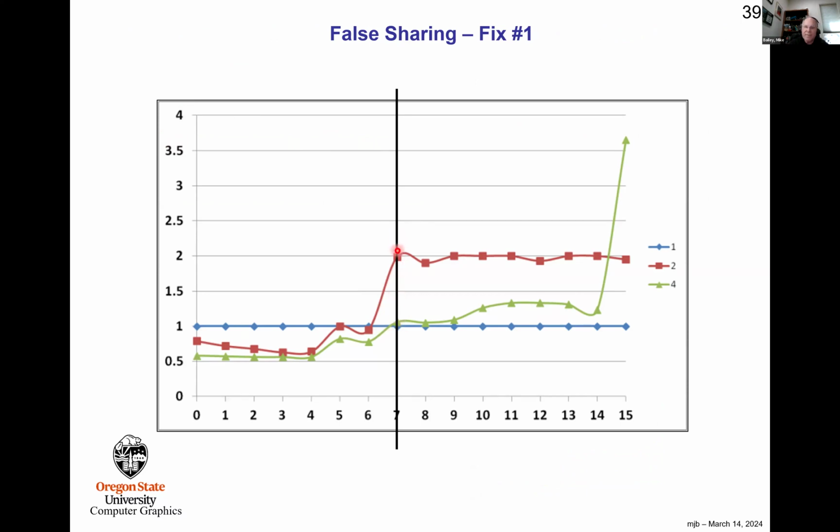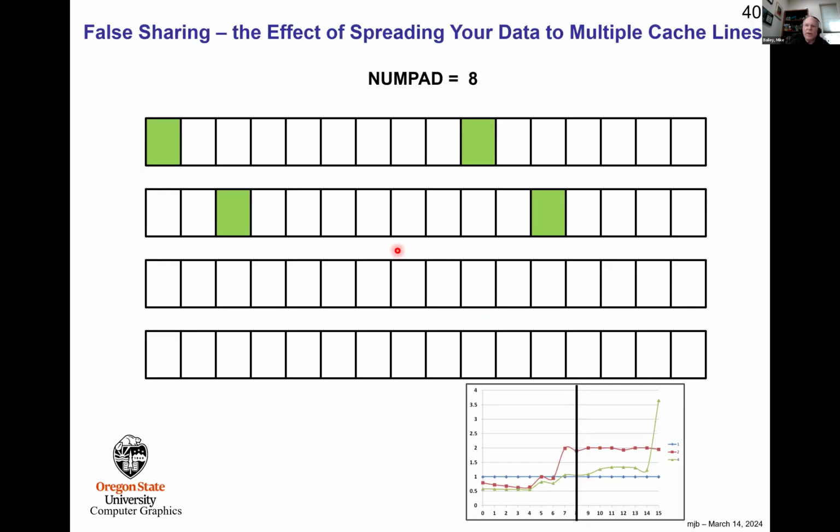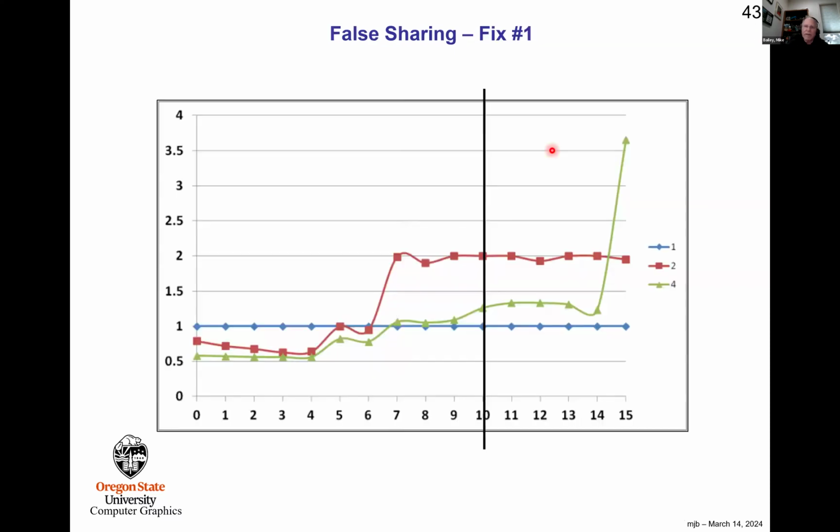Now we'll do numpad equals 8, 9, 10. Well, now we have only one core using this cache line, only one core using this cache line. We still have 2 using these, but we have now bumped up here with the 4 threads.